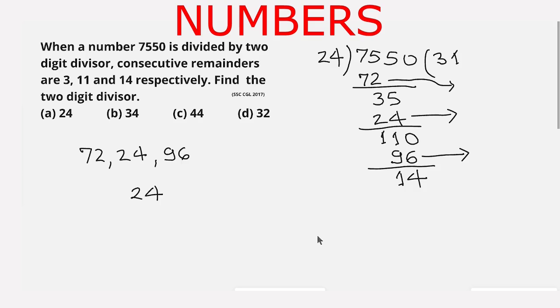We carry 0. And 24 times 4 is 96. And on subtracting 96 from 110, we get 14. It means that the 2-digit divisor is 24, and from the given options our answer is option A, 24.